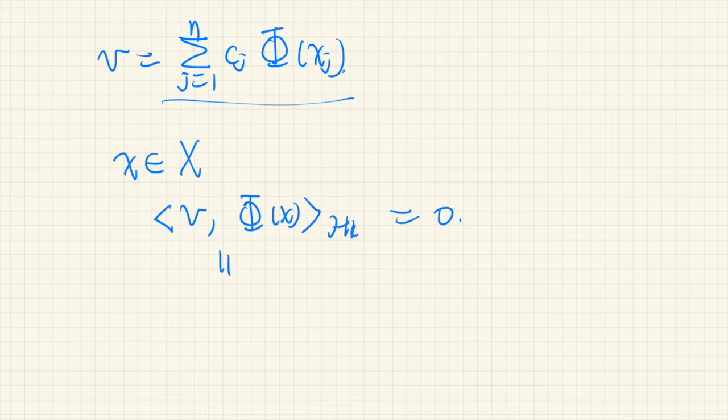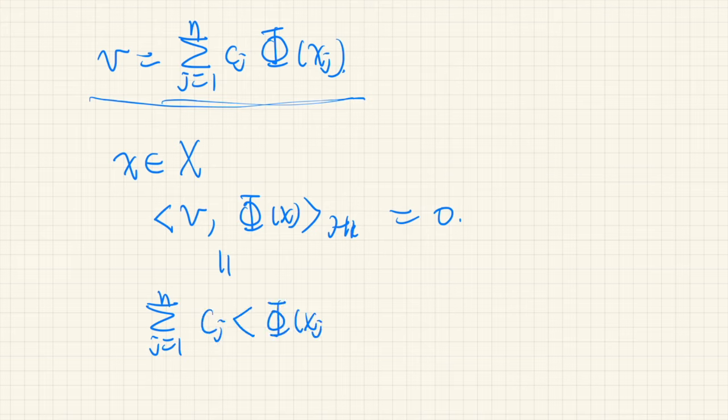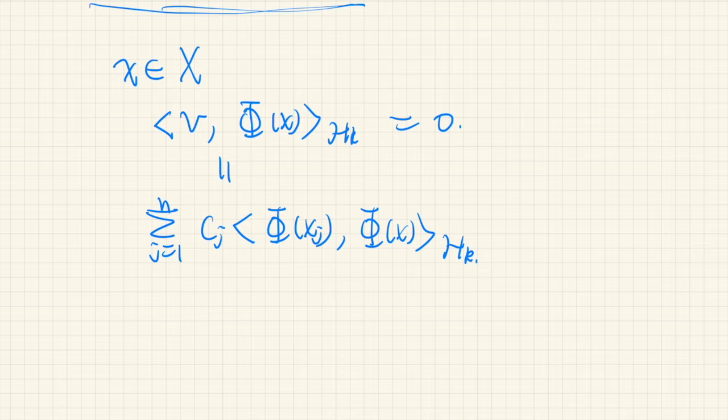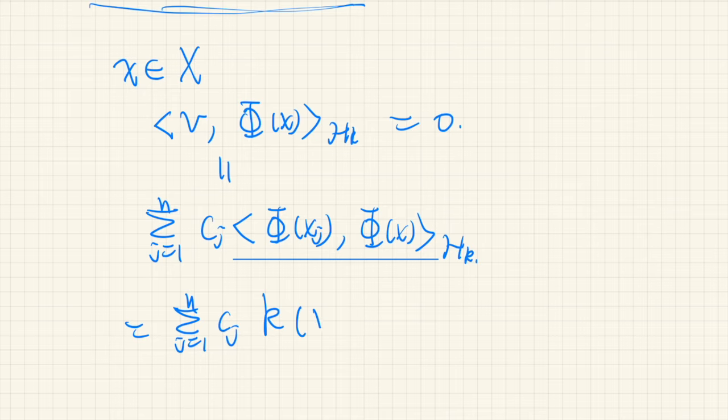And the left-hand side is this. If we use this linear combination, it becomes the sum over j from 1 to n of c_j times phi of x_j times phi of x. And we define the kernel function as this one. So this is equal to the kernel function of x and x_j.